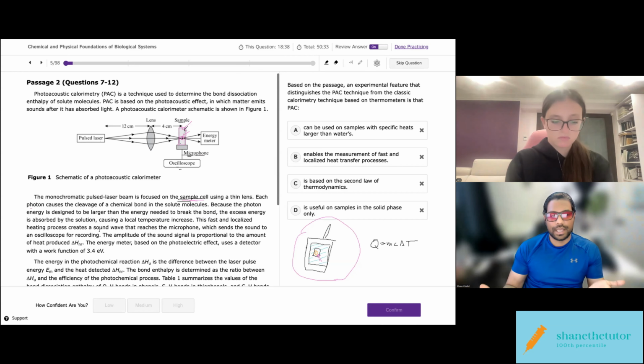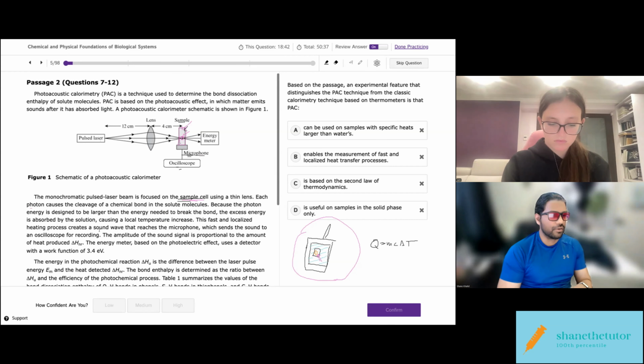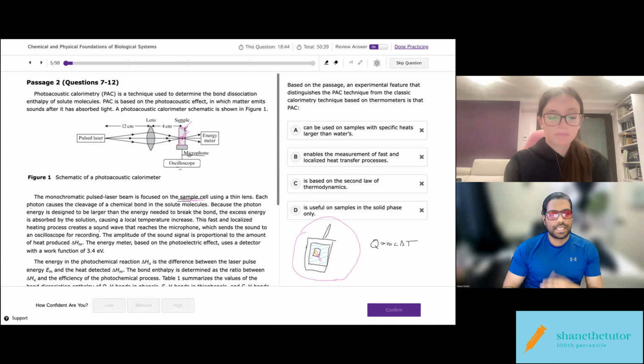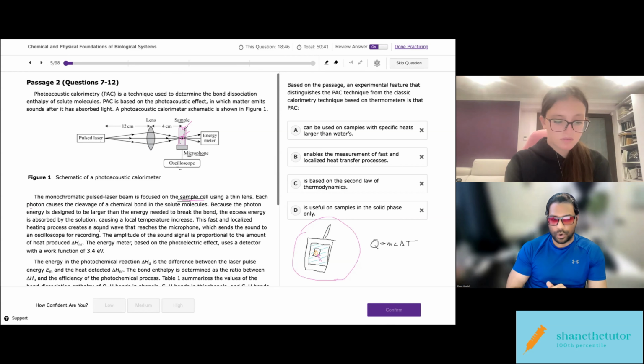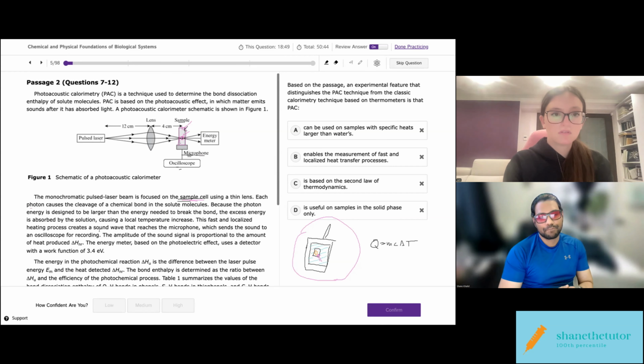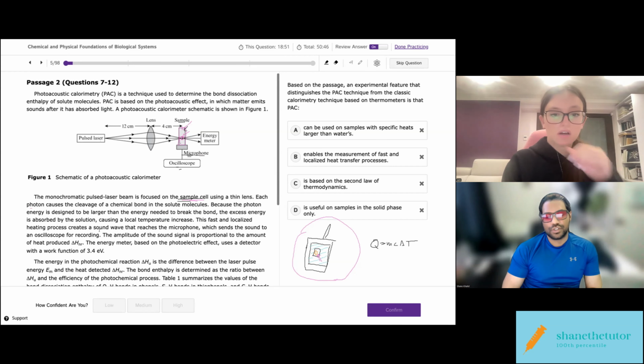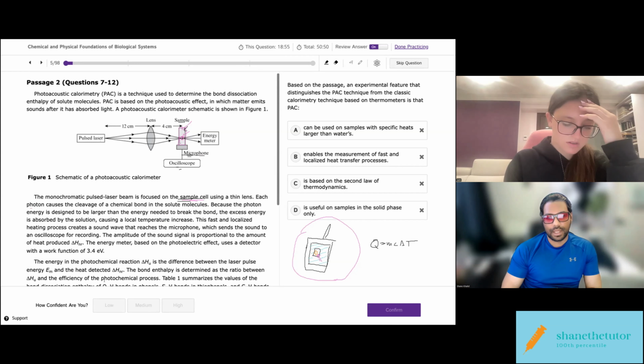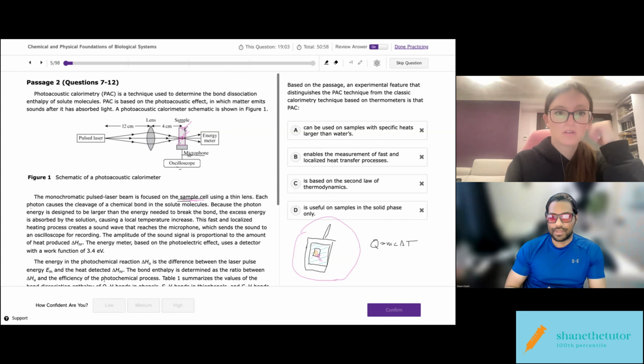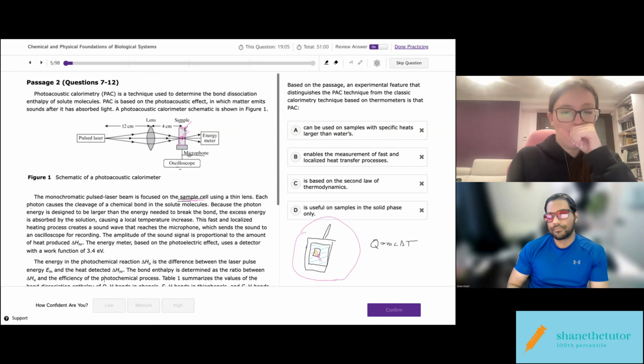That sound wave reaches the microphone, which sends it to this oscilloscope to record it, right? So essentially you're using light to break bonds apart, and the heating of the solution creates a sound wave that gets picked up by the microphone.